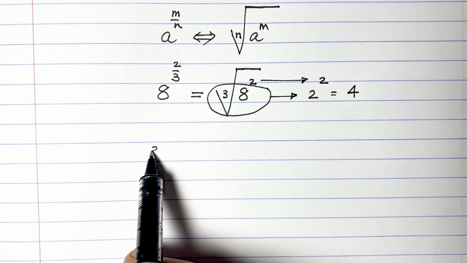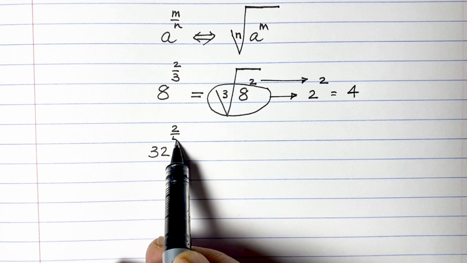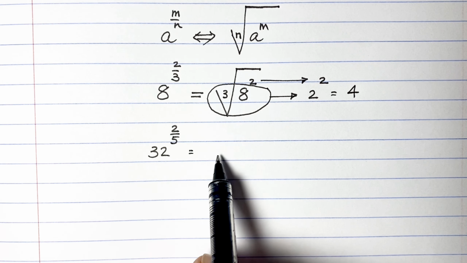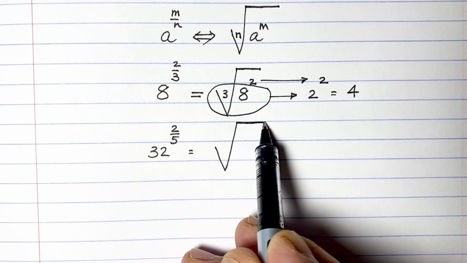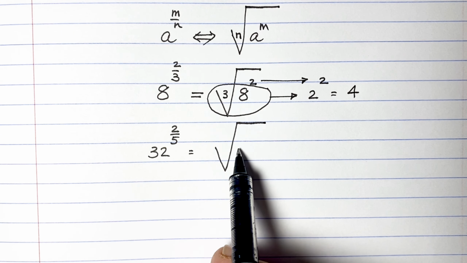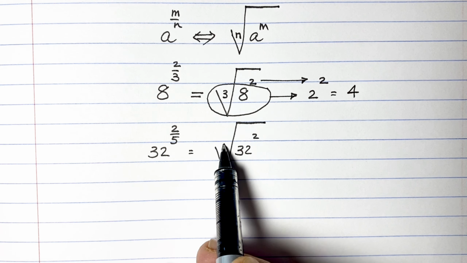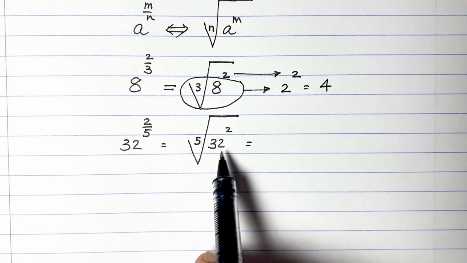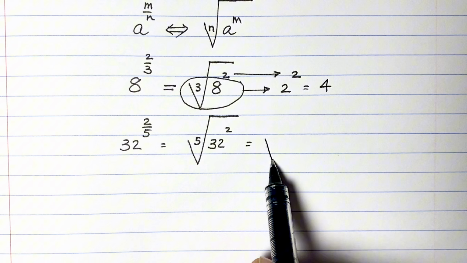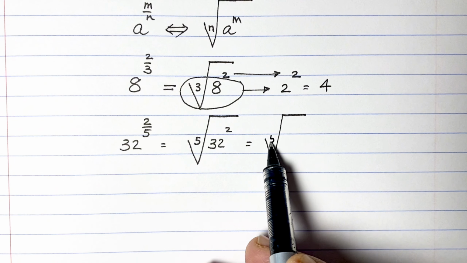Let's have a look. So you got 32 to the power of 2/5. That would be the 5th root of 32 to the power of 2. Okay, let's do it the bad way, not the wrong way. Say you try to work out what is 32 to the power of 2.